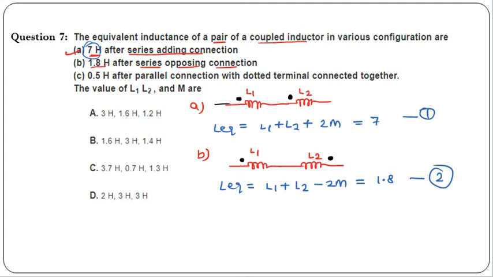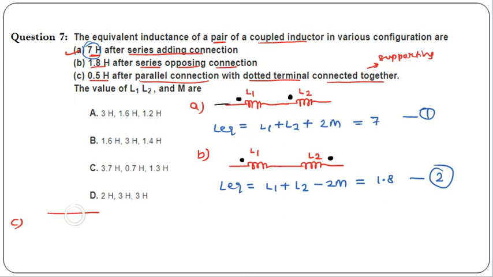Similarly, using the third condition, that is C, we can develop one more equation. It is given 0.5 Henry after the parallel connection with the dotted terminals connected together. Connected together means again supporting connection, but they are connected in parallel. So let us draw.